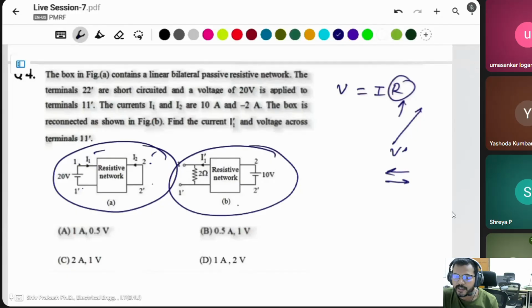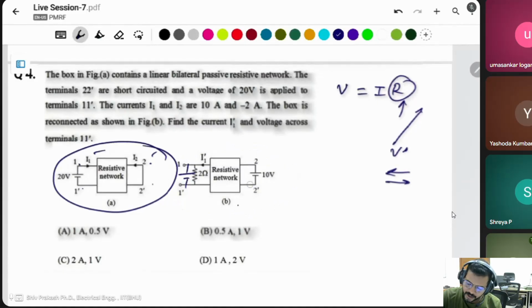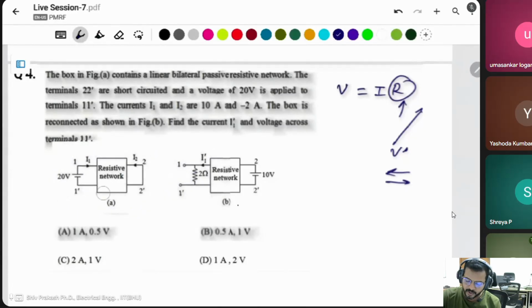You can connect the voltage or resistor anywhere, because this is a bilateral resistive element. So bilateral means current flows the same in both directions. If you put the voltage here and connect the resistor here, this current is the same as this current. There is no effect on the current flowing.